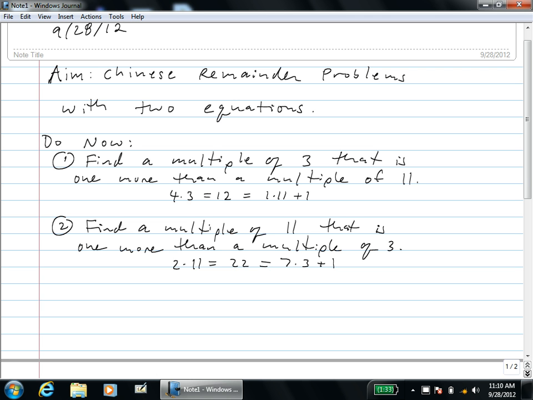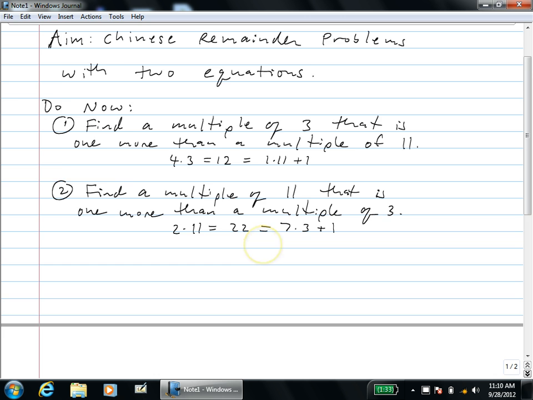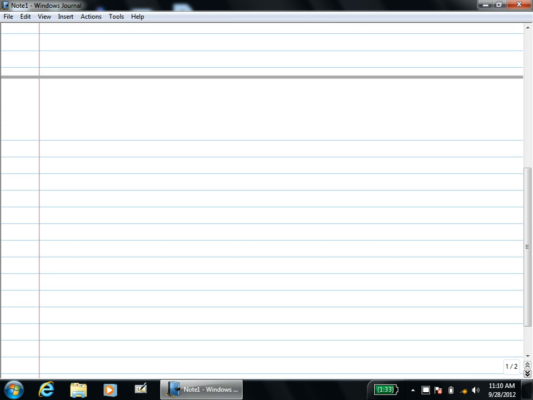Here's a Chinese remainder theorem question that has 2 equations instead of the 3 that we're building up to. So the question looks like this. Find the smallest x so that when you divide x by 3, you get remainder 2.